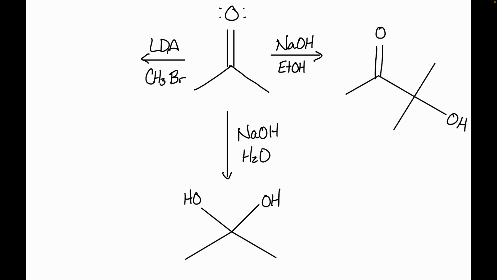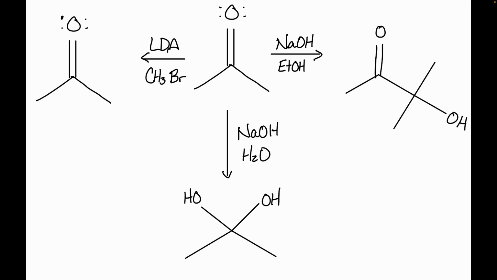And if instead we use that strong base LDA, every one of those acetone molecules gets converted into that enolate ion, which if we then turn around and react with our alkyl halide, we'll get a substitution reaction, putting a methyl group on that alpha carbon.